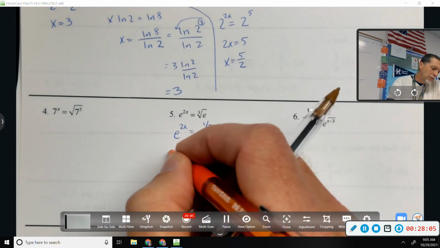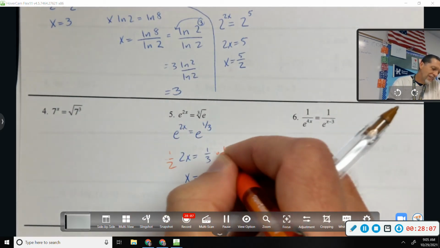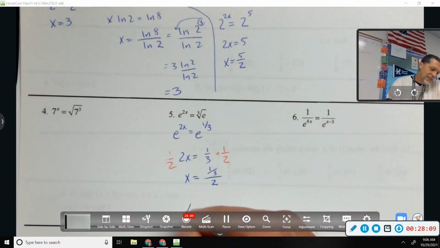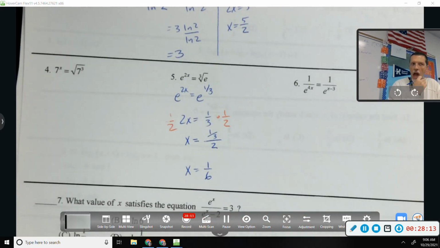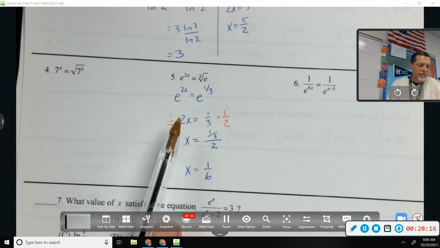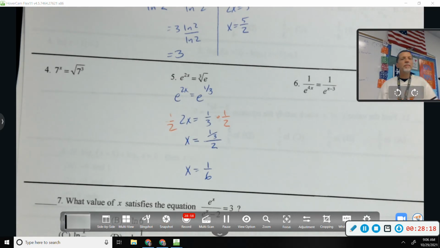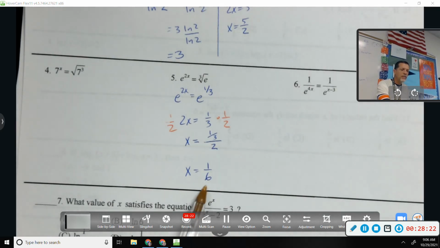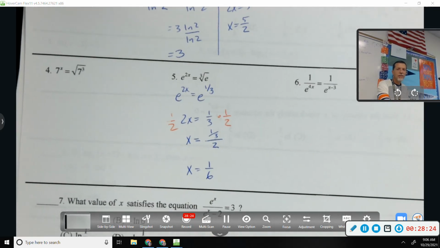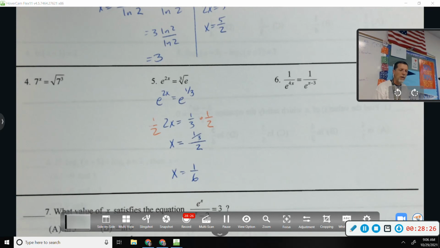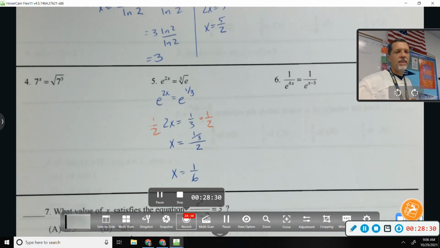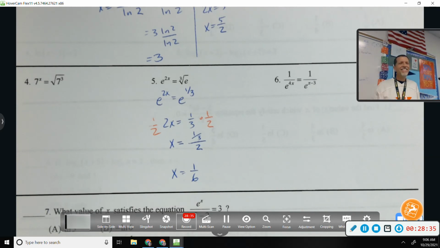How about we multiply both sides by 1/2 to undo the 2? You can keep it, change it, flip it. You land at 1/6. Well, the way you can do it is you can multiply both sides by 3, get 6x equals 1, divide by 6, get 1 over 6.